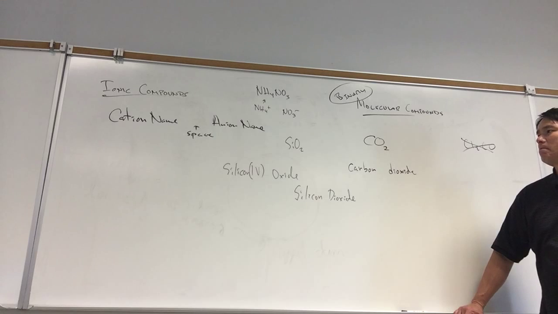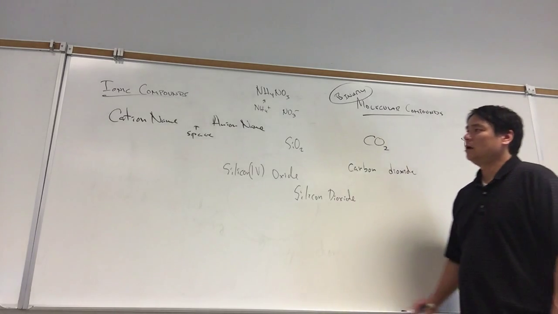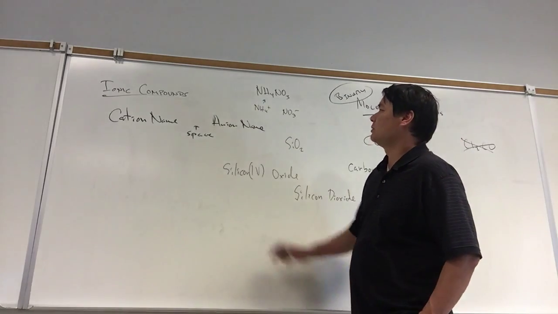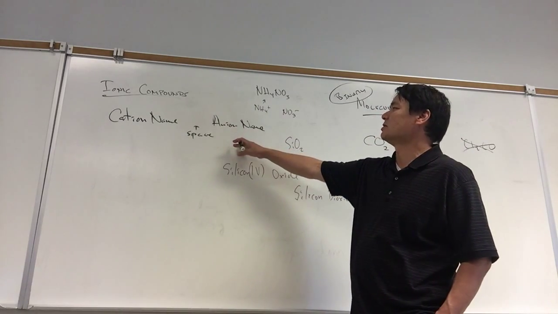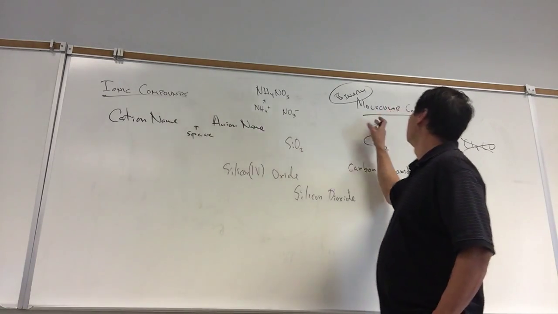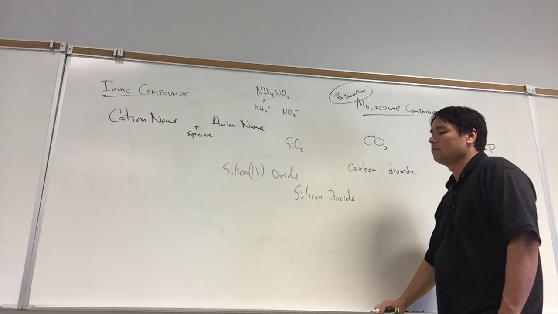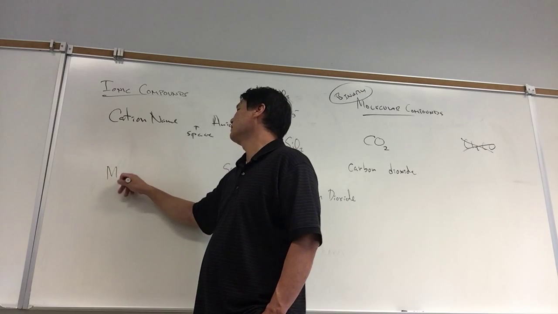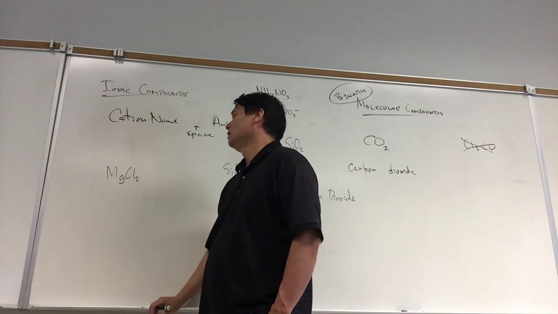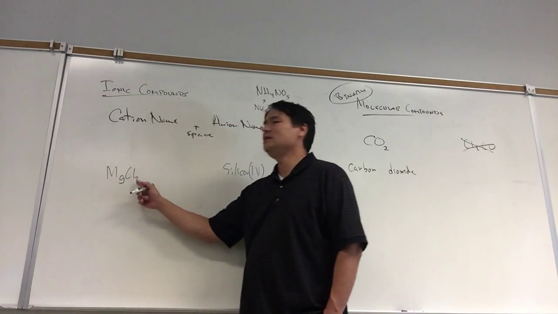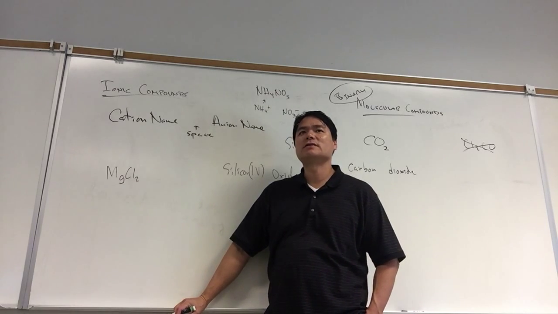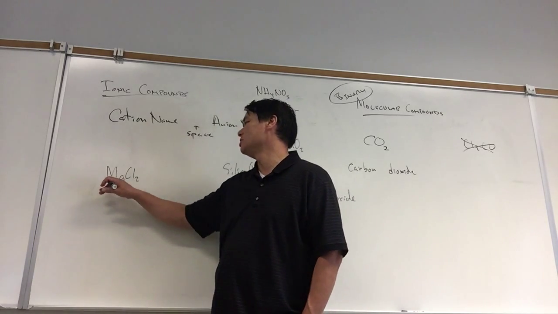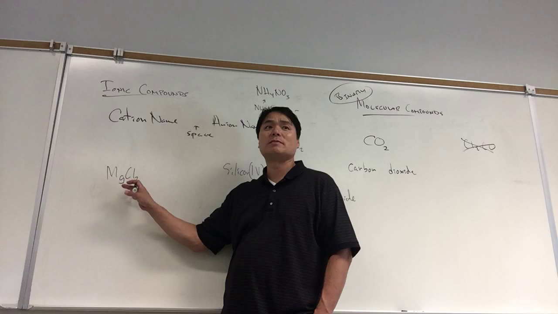There's a little bit of a movement to get away from the molecular nomenclature system and use the ionic one. The advantage of using this system is we save space. For example, MgCl2, you wouldn't want to call this magnesium dichloride, because it's obvious that for every magnesium, which is 2+, you'd need 2 chlorides to balance out the charge.